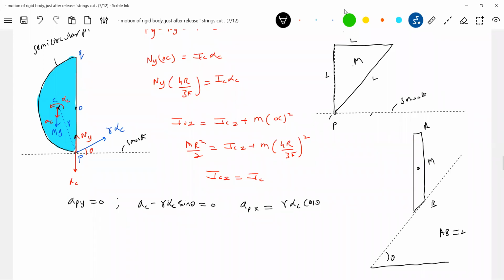Find the acceleration of point P or here B just after release. Please work it out. I'll go for the next concepts. Still plenty of things are there we have to discuss.